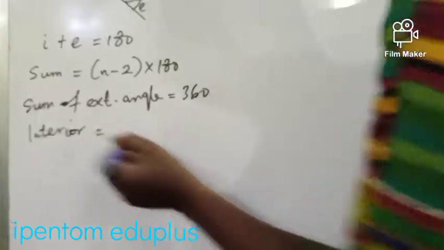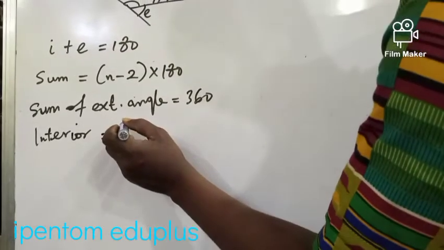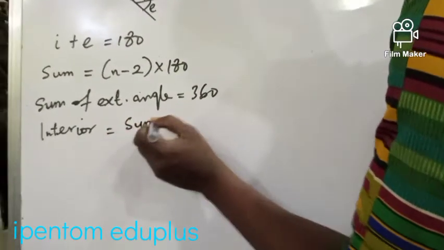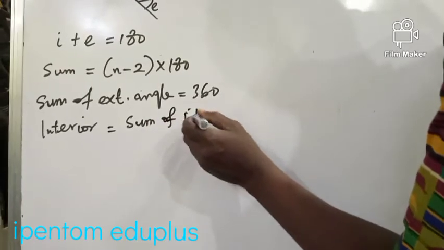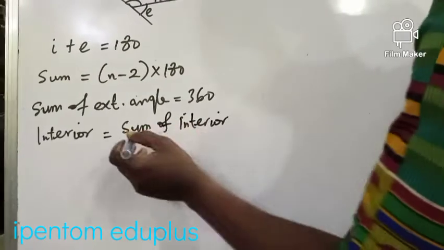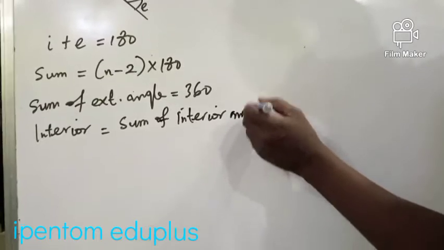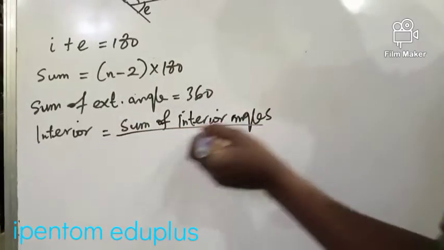Now, if you want to find one interior angle of any polygon, we are going to say the sum of interior angles divided by n.